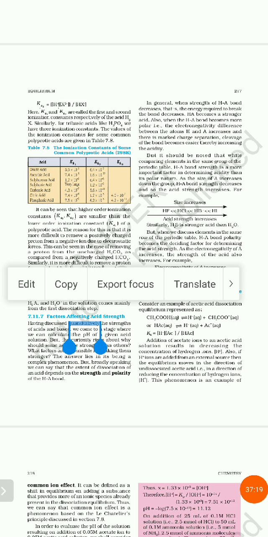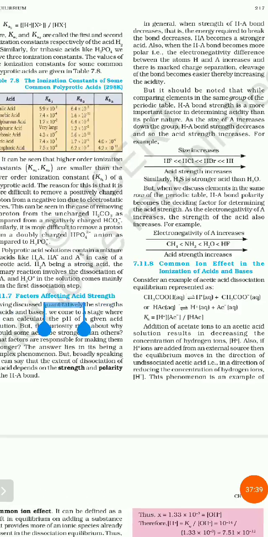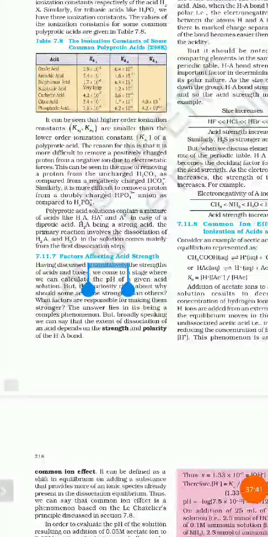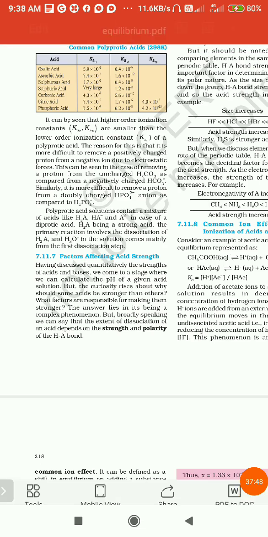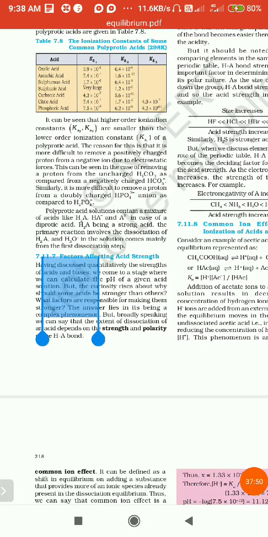As size increases, does acidic nature increase or decrease? As size increases, acidic strength also increases, right? Just look at this point.